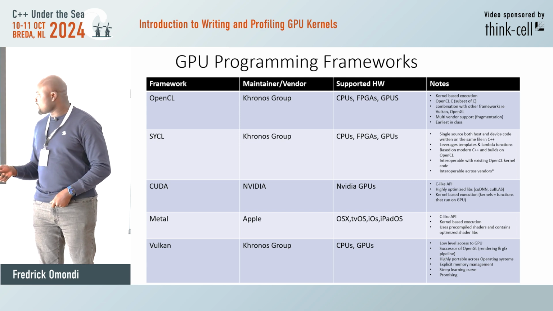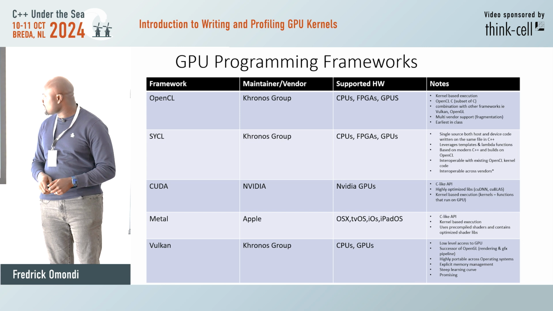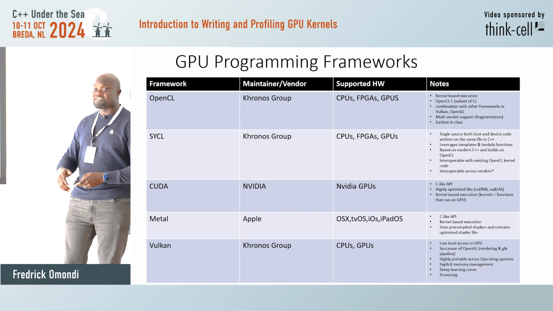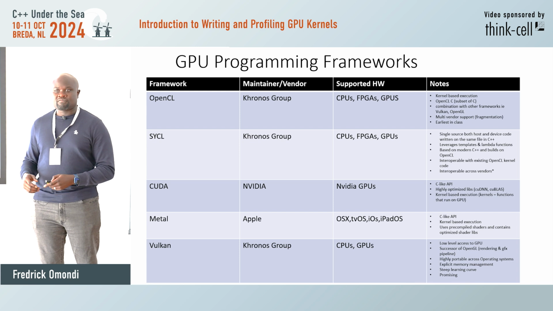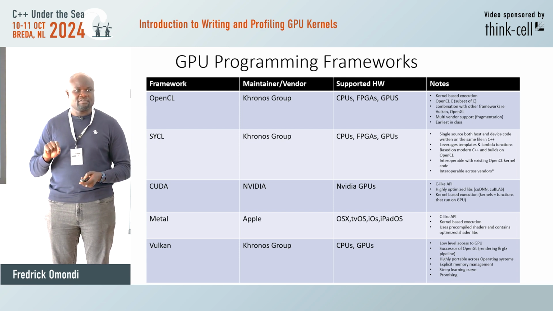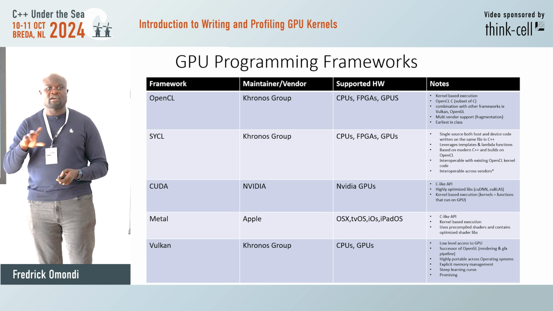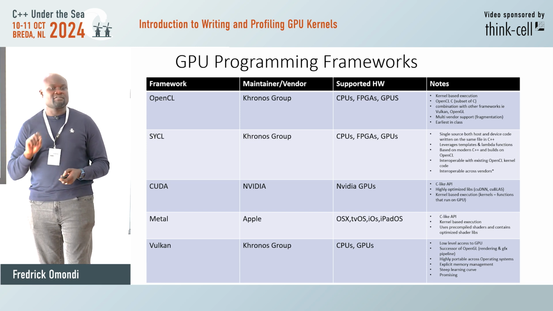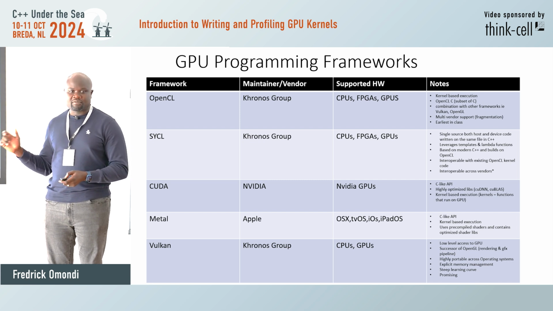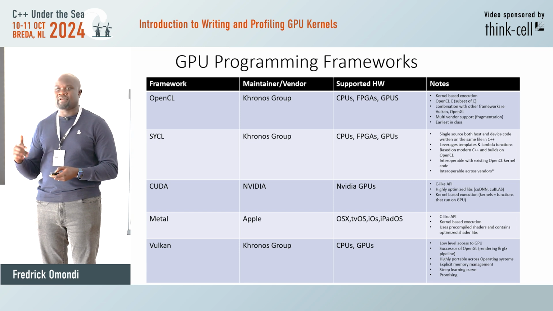And of course, we have CUDA, we've got Metal, we've got Vulkan, all from different vendors doing more or less the same thing, but in different ways. Sometimes you want to target a specific vendor's GPU. Let's say you want to target NVIDIA GPUs in your workload. There are CUDA libraries that you could leverage to get even better performance.